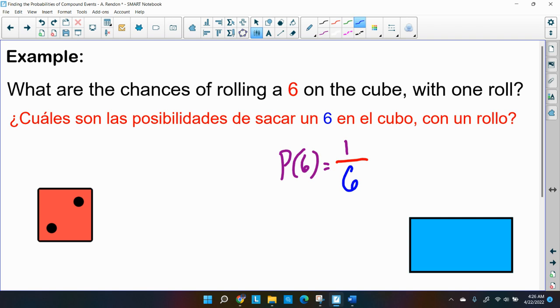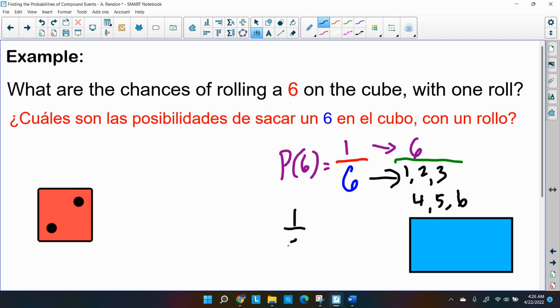I could get a 1, 2, 3, 4, 5, or 6. That's where the denominator 6 comes from. So my chances of winning are 1 out of 6.